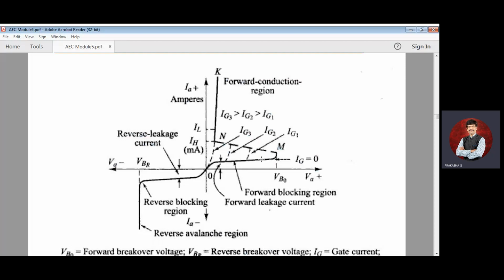Two different IG values I am trying out. And I may give one more IG, IG3, which is 10 milliamperes. With respect to different gate currents, your breakdown voltages keep decreasing and current increases like an exponential.